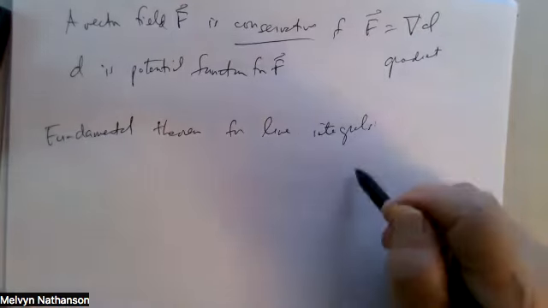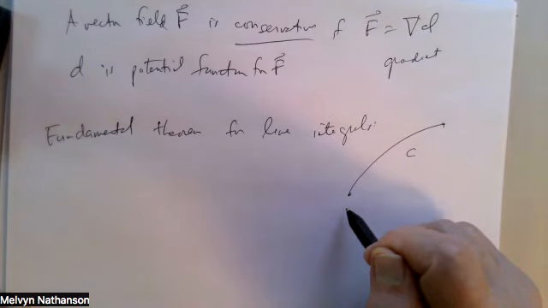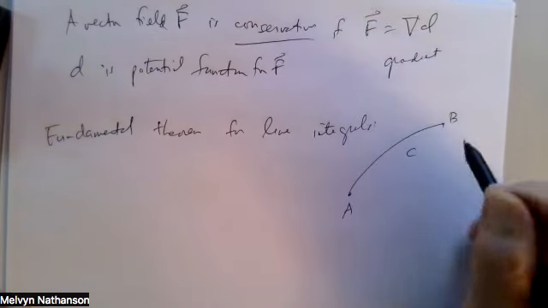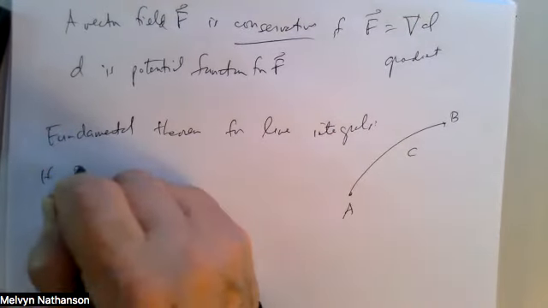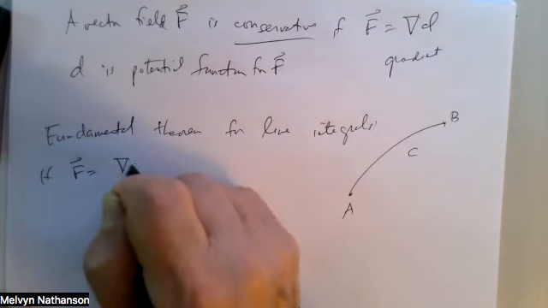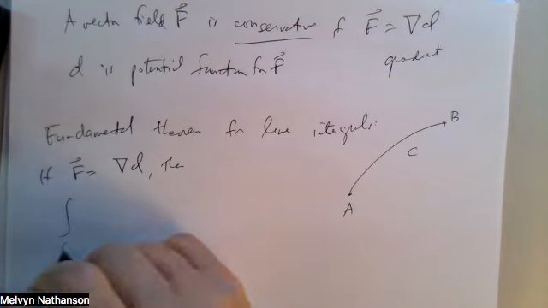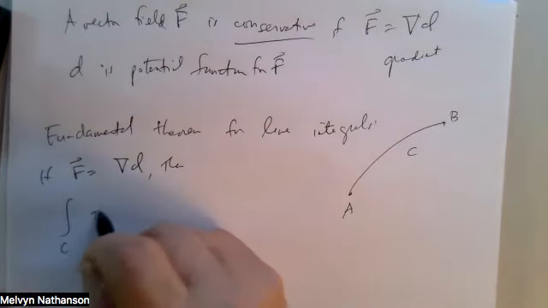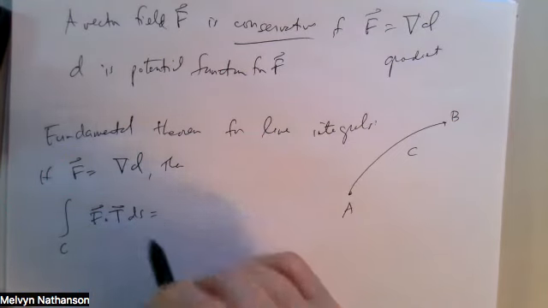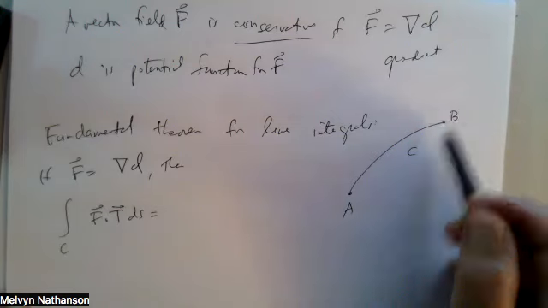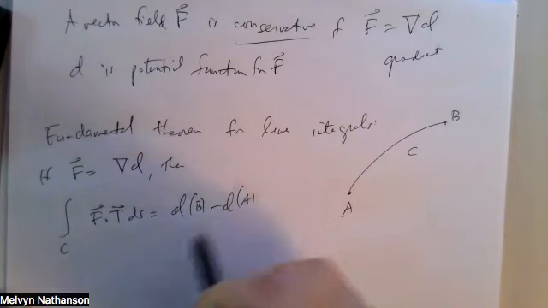If you have a curve C from A to B, this is the point A, this is the point B. If F is the gradient of phi, then the integral along the curve C of f dot t ds only depends on the endpoints. It is phi of B minus phi of A.